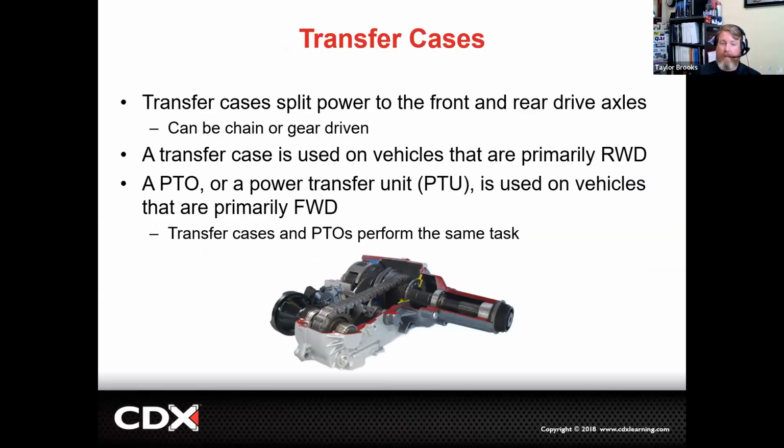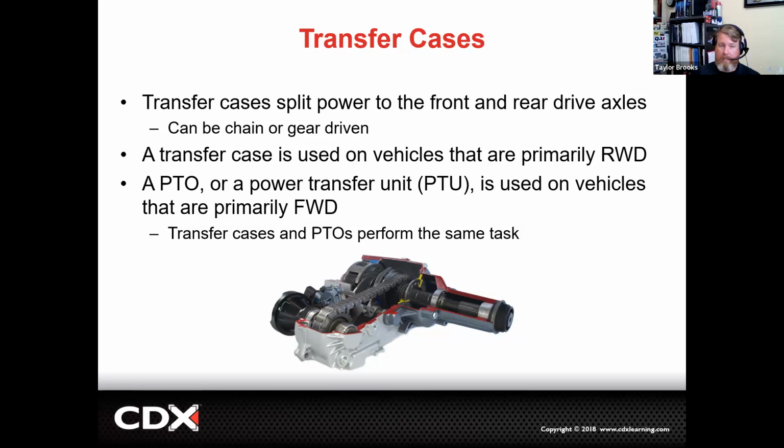Both four-wheel drive and all-wheel drive systems have to have some sort of mechanism to split the torque to the front axle and the back axle. On 4x4 or four-wheel drive applications, it's commonly referred to as a transfer case. On all-wheel drive applications, it's either a PTO, or power transfer unit, or power transfer output.